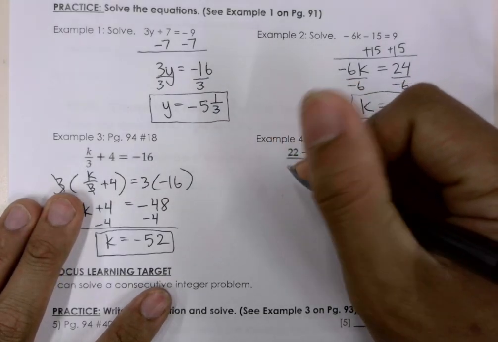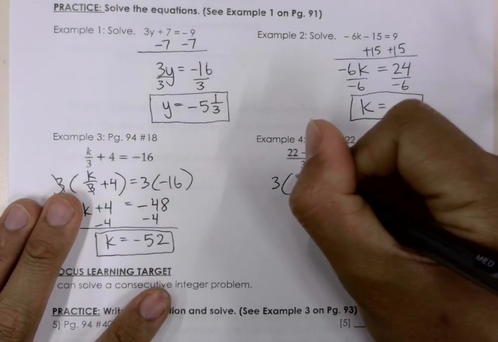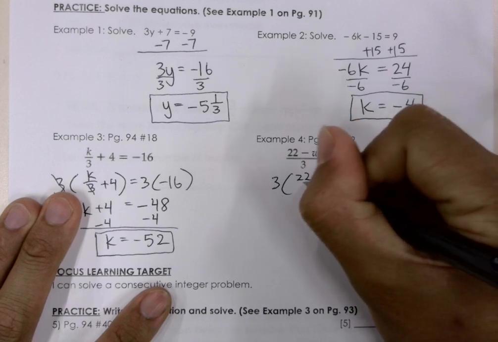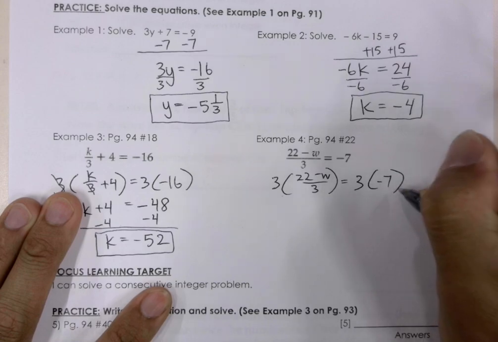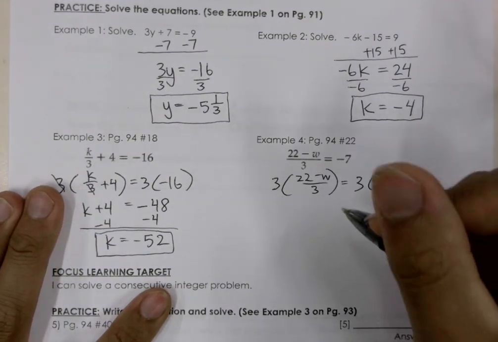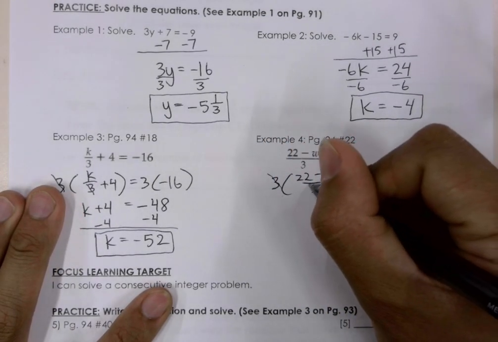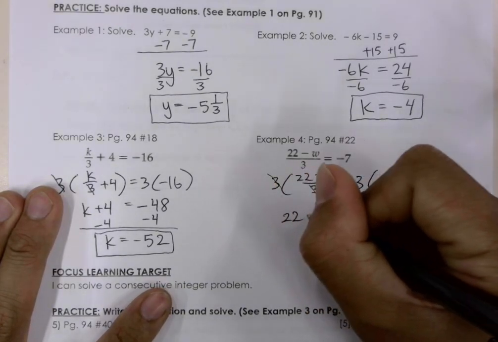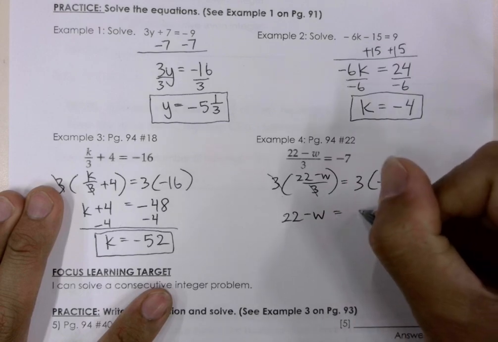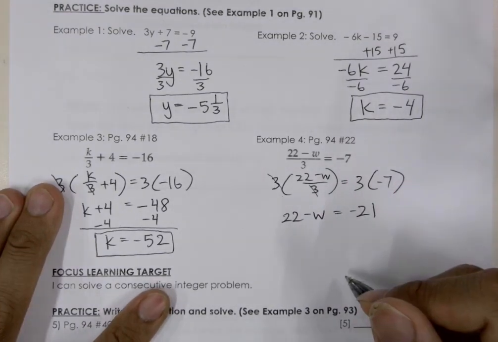So let's do that. On the left side of the equal sign, the 3's cancel out, and that leaves us with 22 minus w is equal to negative 21.